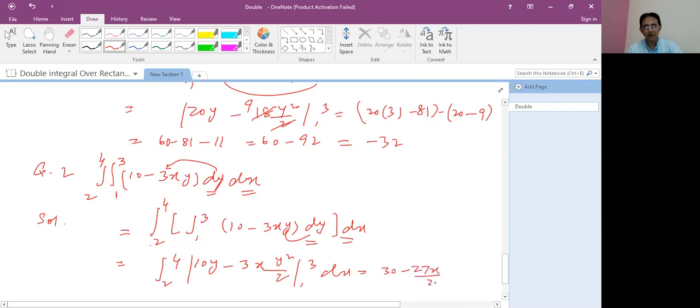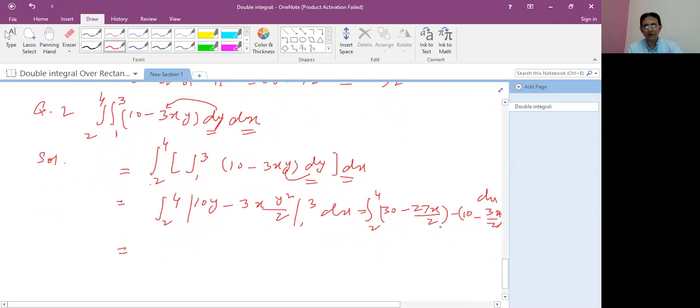Then the lower limit: when we put 1, it is 10 minus 3 over 2 of x, dx. Simplifying, 30 minus 10 is 20, minus 27x upon 2 and minus 3x over 2, which gives 30x upon 2, that is 15x, dx.